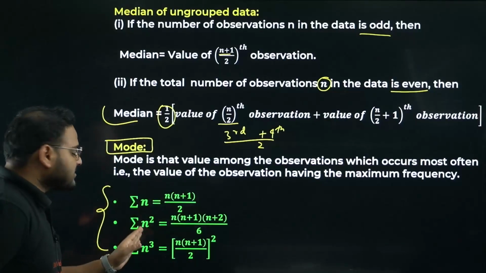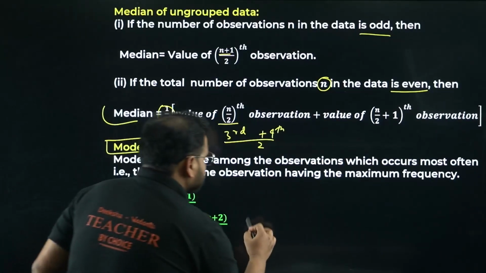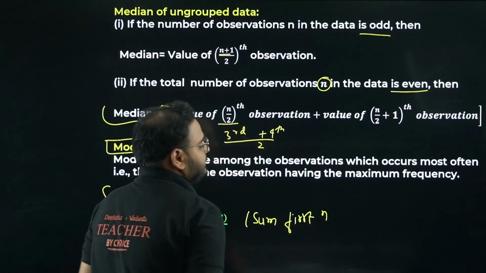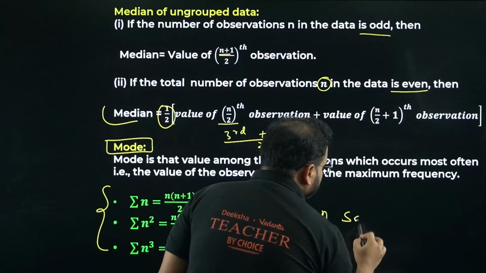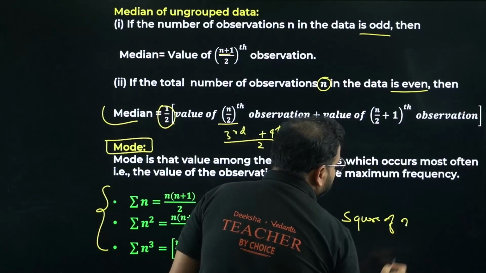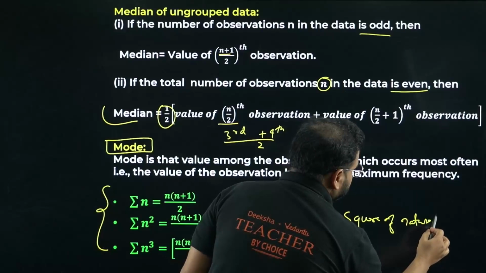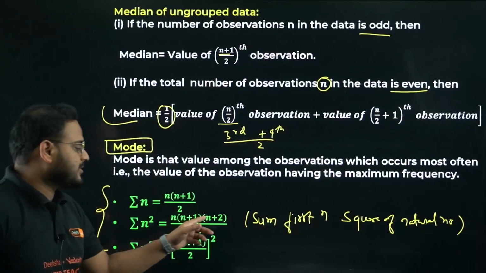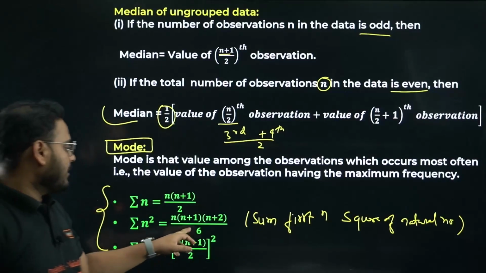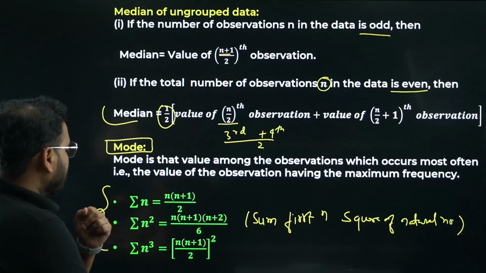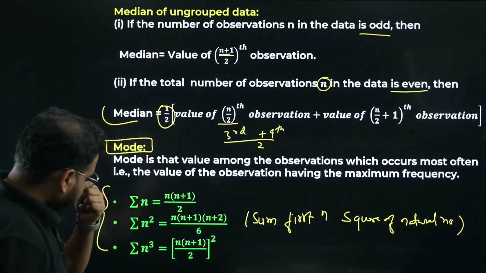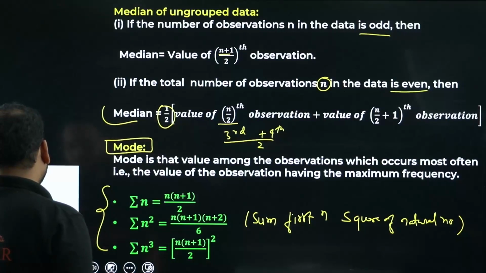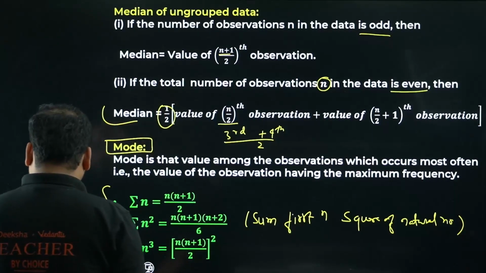If you are dealing with the sum of the first n squares of natural numbers, it is given by n times (n plus 1) times (2n plus 1) by 6.